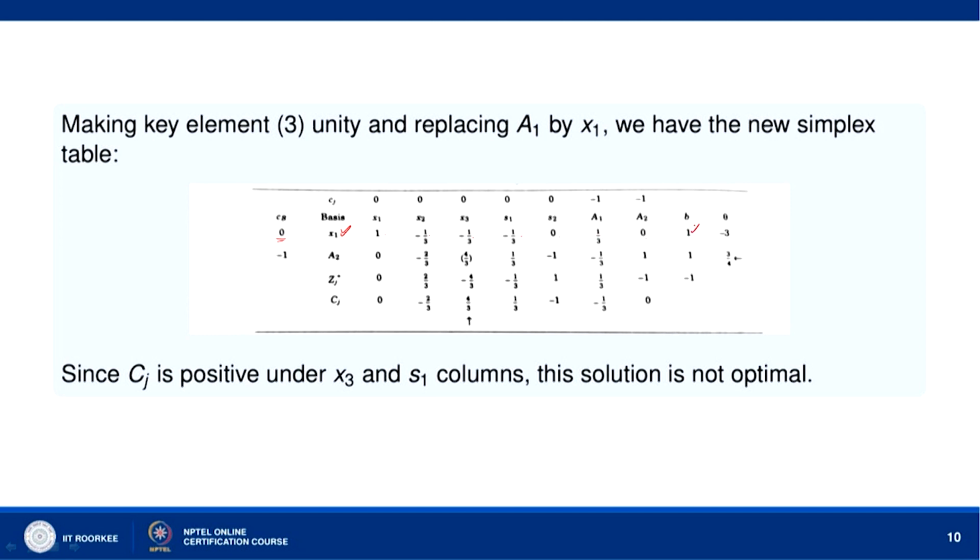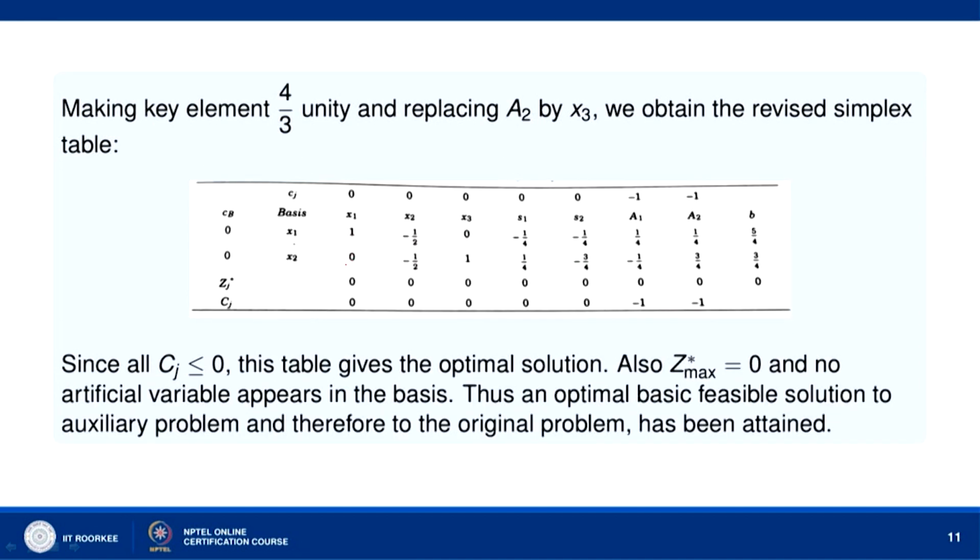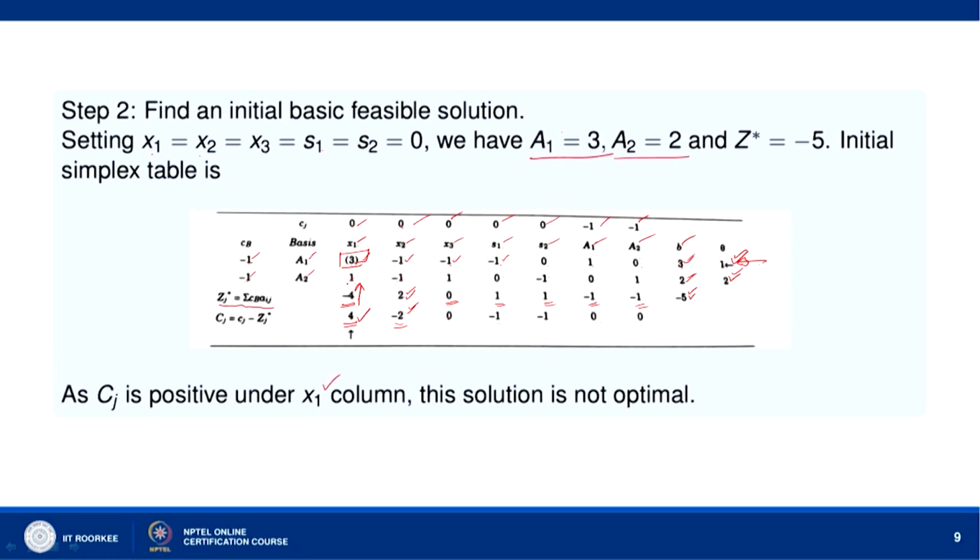So, we get 1, minus 1 by 3, minus 1 by 3, minus 1 by 3, 0, 1 by 3, 0, 1. And then with the help of this new row, we make this element 0. We have divided this row by 3, it became 1. So, now this is also 1.